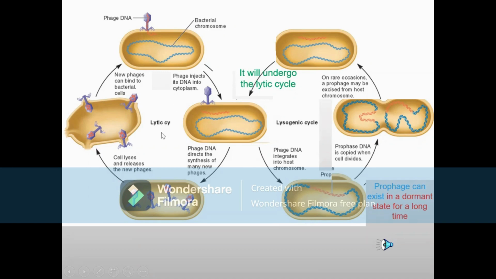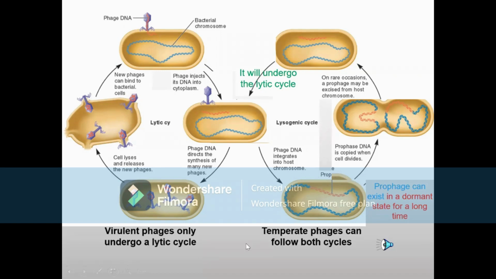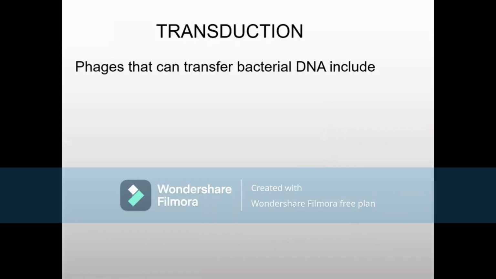This is unlike the lytic life cycle, in temperate phages, after the injection of the genetic material, integration of the viral genetic material takes place into the host genome, and this is called the lysogenic life cycle. So phages multiply via two kinds of life cycle: the lytic life cycle and the lysogenic life cycle.